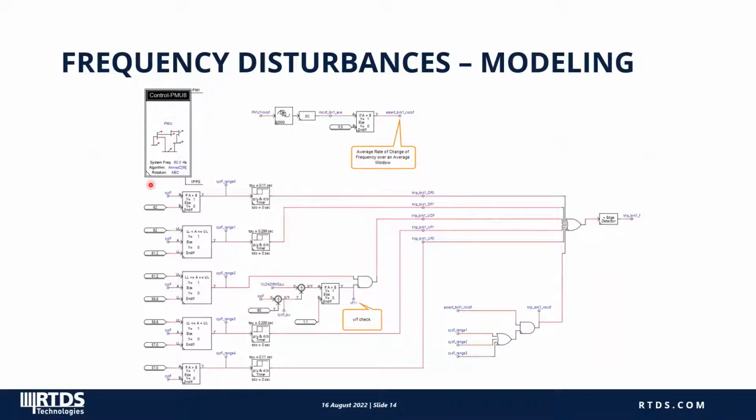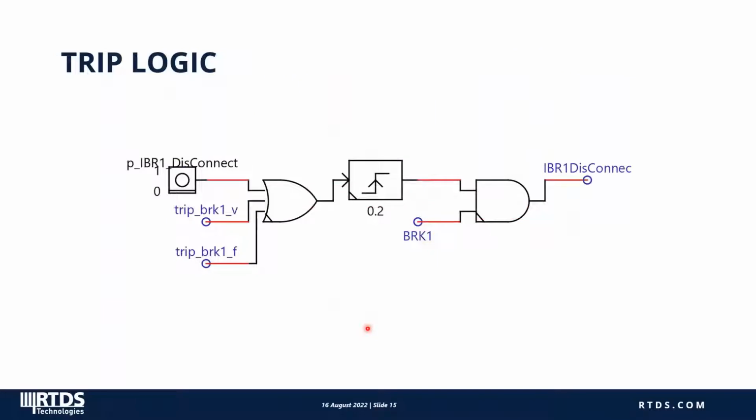The PMU component is used here to extract the rate of change of frequency parameter, and also here is the V over F check. The final trip function shown here combines the protections for the voltage and the frequency.